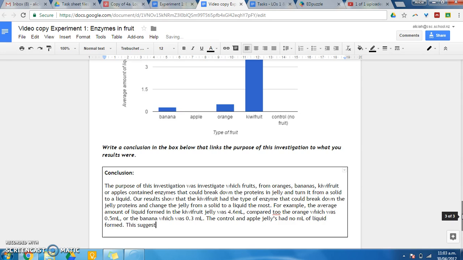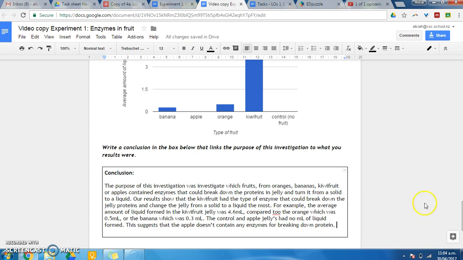This suggests that the apple doesn't contain any enzymes for breaking down protein.